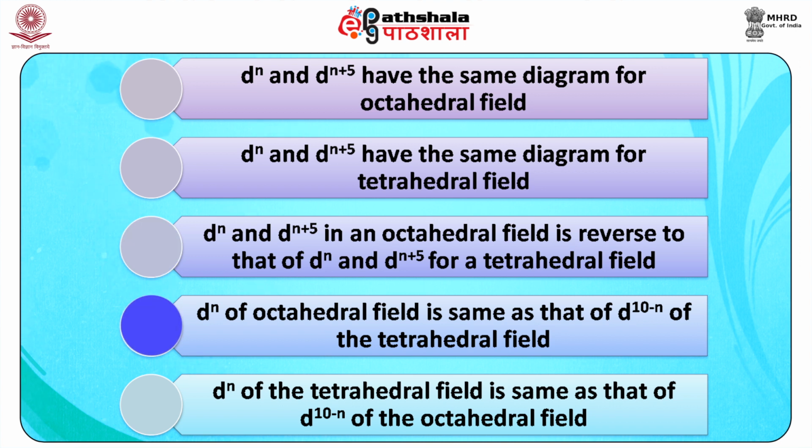Dn of the octahedral field is the same as that of d10 minus n of the tetrahedral field. Dn of the tetrahedral field is the same as that of d10 minus n of the octahedral field.